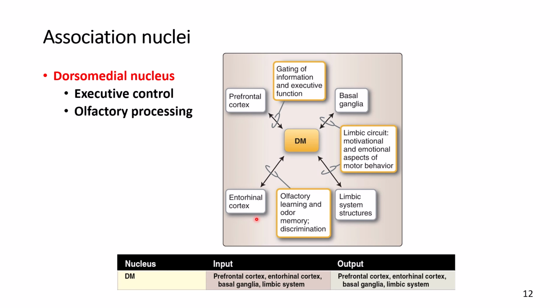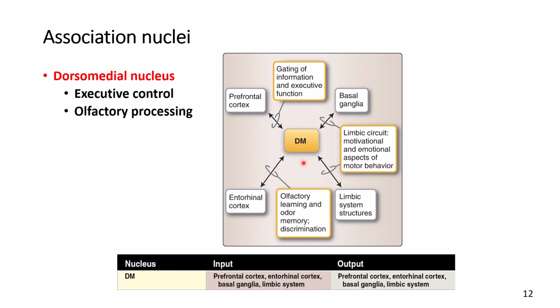It also is connected with the limbic system, and here the dorsomedial nucleus is receiving information from the amygdala. If you remember, the amygdala is for emotional memory, especially negative emotional memory, and then it sends information to the cingulate gyrus, entorhinal cortex, and hippocampus, which is again part of the limbic system.